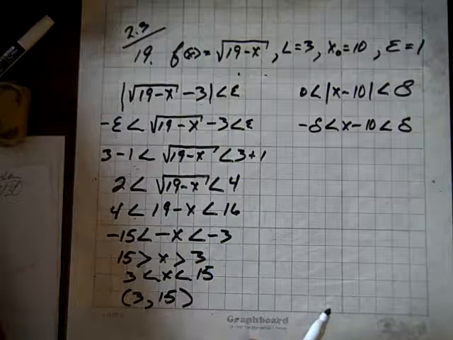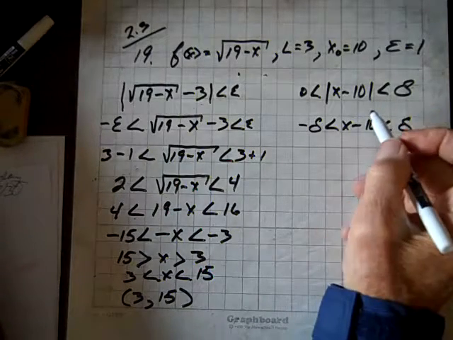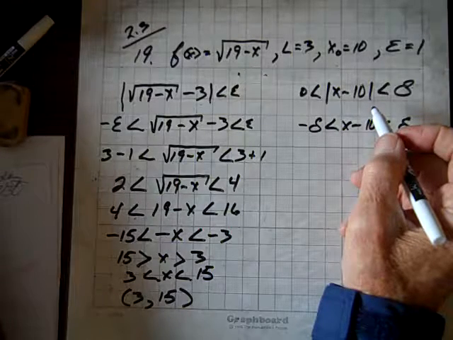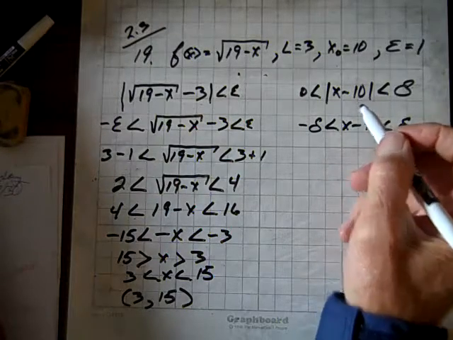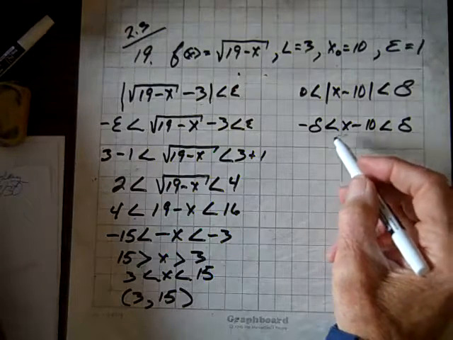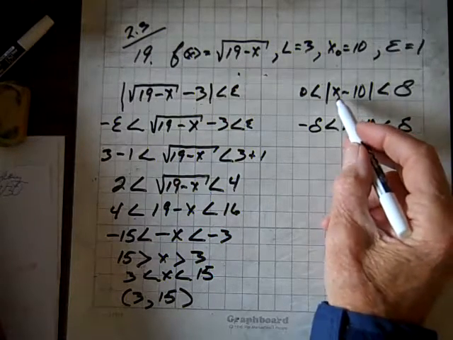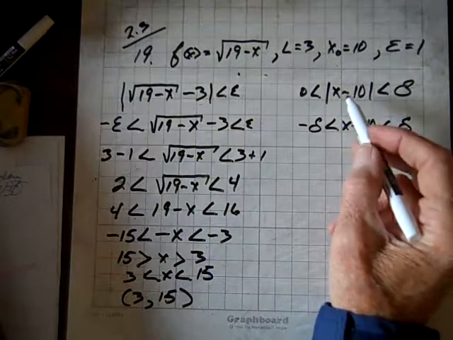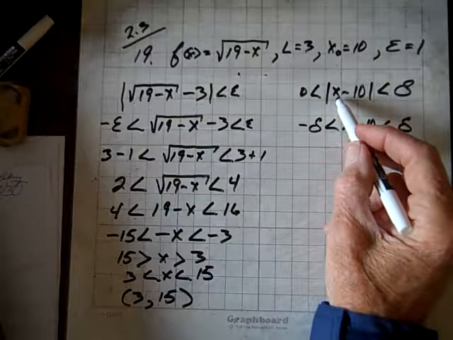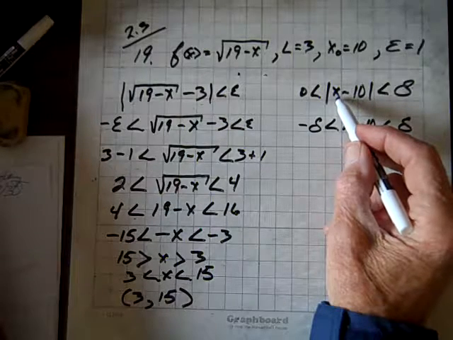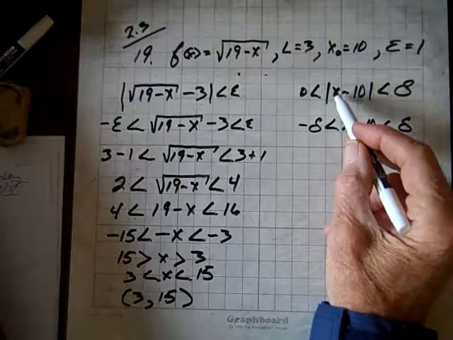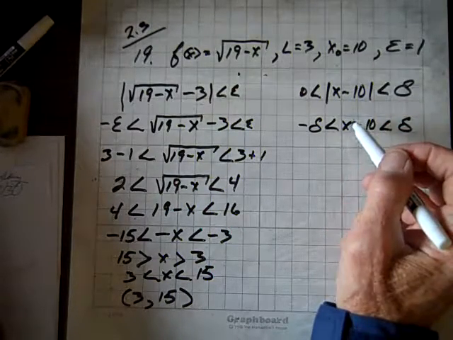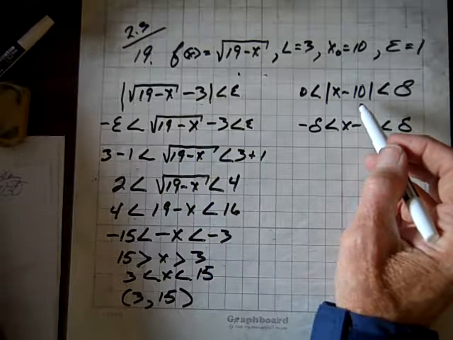Okay, so we found the open interval. Now we've got to come up with a delta that makes this work. So let's replace x with 3, and I'll do it right here. We'll get 3 minus 10 is negative 7, and the absolute value of negative 7 is 7.